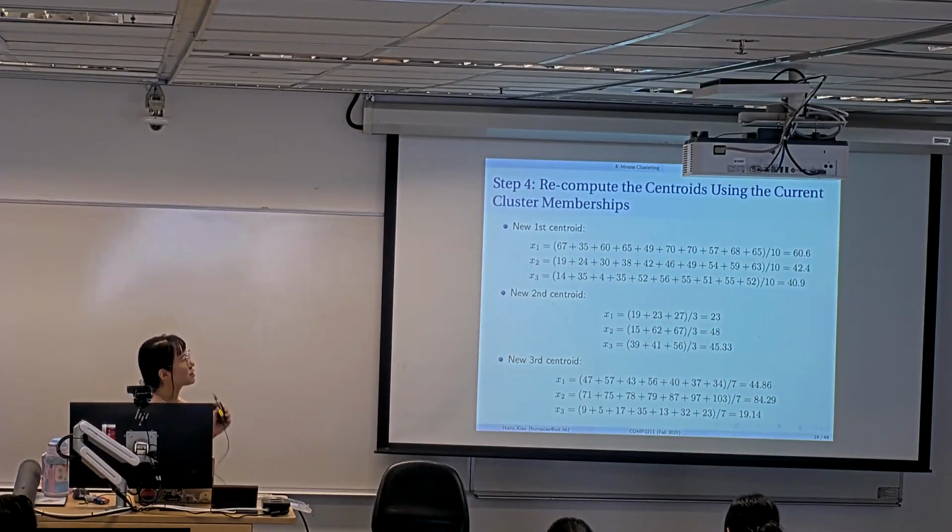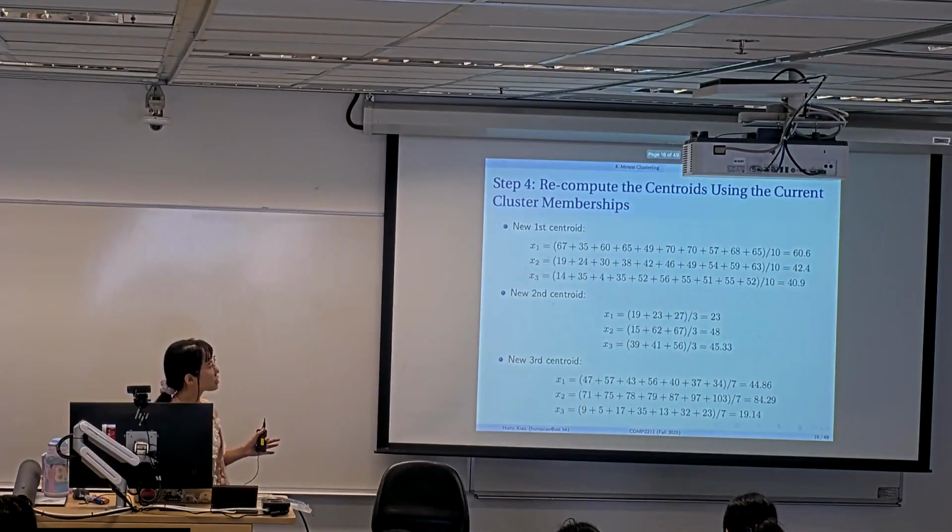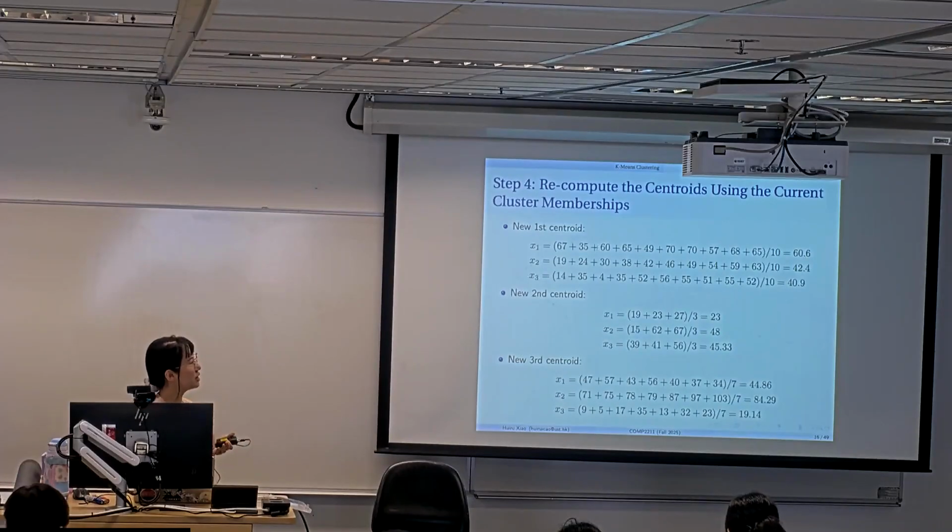So the new first centroid should be, we just look at the table, find all the data points belonging to cluster 1. So that is data point 2 to data point 10 and data point 12. So all these data points belong to cluster 1 now. So we update the centroid to be the new cluster center. 3 attributes, right? Or some 3-dimensional features.